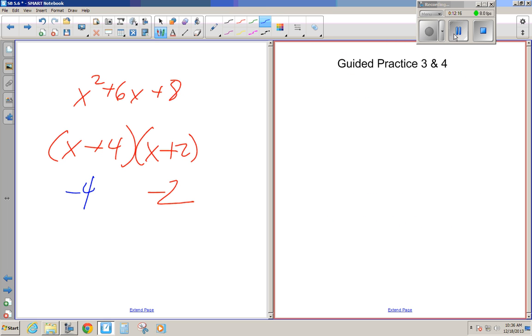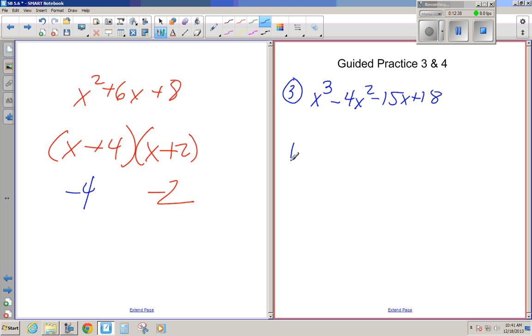All right, we'll do the guided practices number 3 now. So we have to find all of the zeros for this function, for number 3.